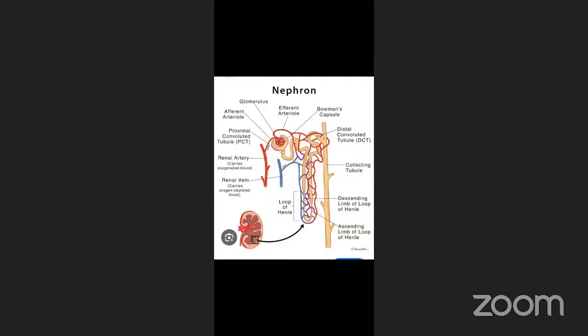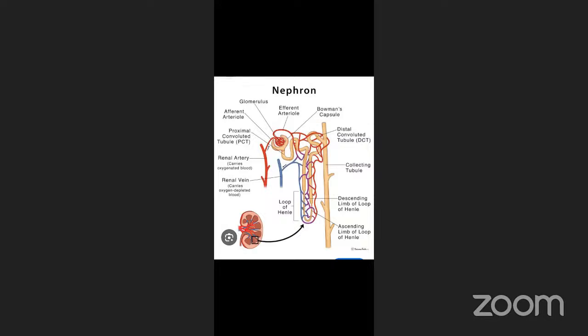Now, let's continue from the proximal convoluted tubule. We are talking of the substances being reabsorbed. There are specific substances that are reabsorbed at the proximal convoluted tubule. We have all the glucose.